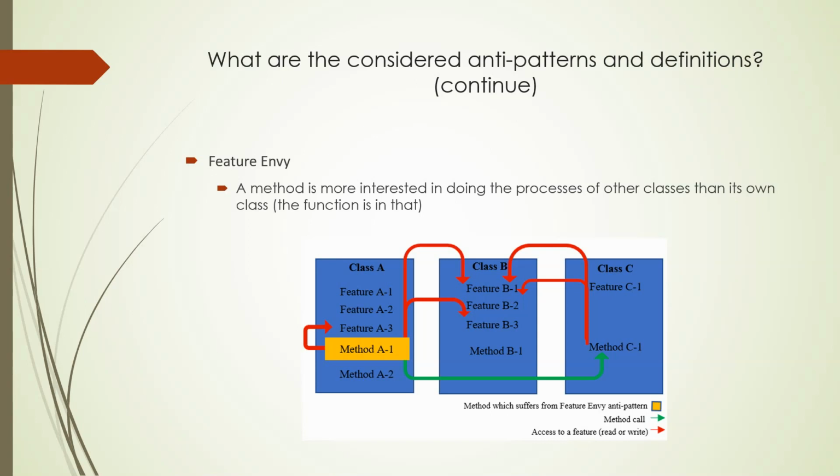As a result, method A1 has access to the features and methods of other classes three times directly and two times indirectly, but only one time accesses its own features.